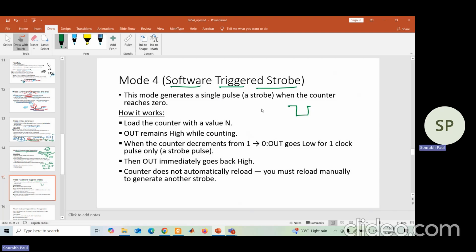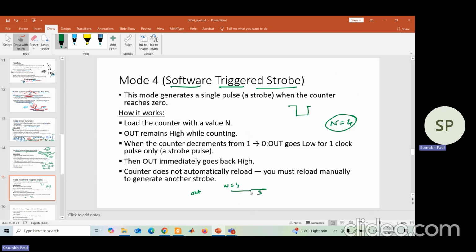So what will happen in this case? For example, you give a load value of n equal to 4, meaning you are giving a count value of n equal to 4. At that time, out for that particular counter will generate this type of signal. What type of signal? When you have loaded n equal to 4, the output is high.